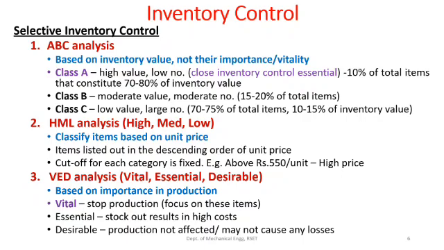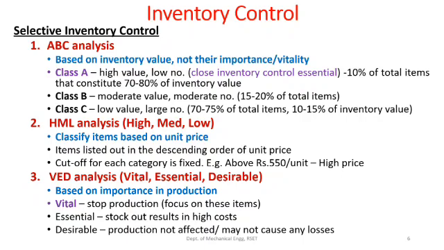It is based upon the inventory value that you classify, not based upon the importance of that particular item or its level of vitality or criticality for productive purposes. So purely if you classify based upon the annual usage value, such a classification is called an ABC analysis. And ABC analysis classifies inventory into three classes: class A, class B, and class C.